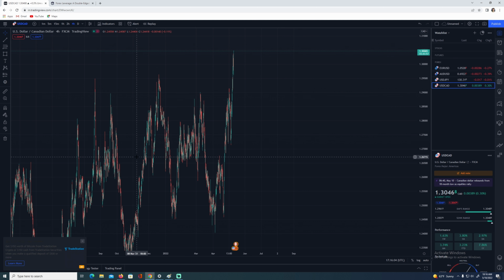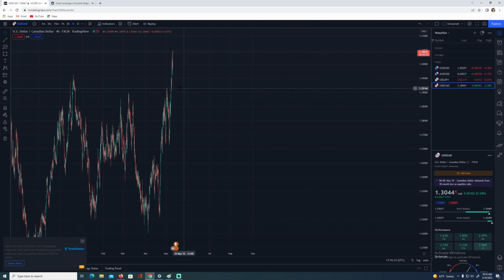I'm not getting 10 US dollars for every pip. Now, the Canadian dollar is at 1.30, so if I get 10 Canadian dollars, in US dollars it's gonna be like $7, 7 something. It's not gonna be $10.